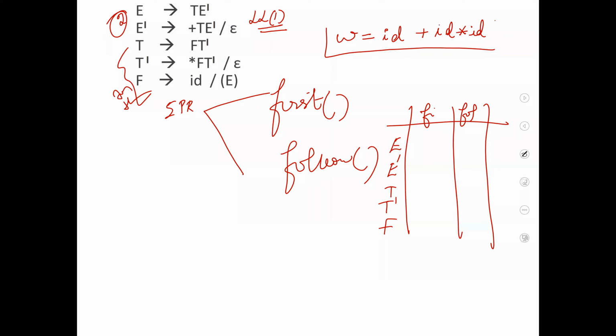So for the given grammar, this is the string you have to check, for which, as we told earlier, we have calculated the first and follow. You have even built up the LL1 table.